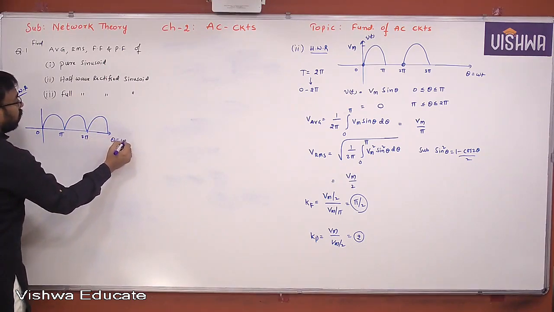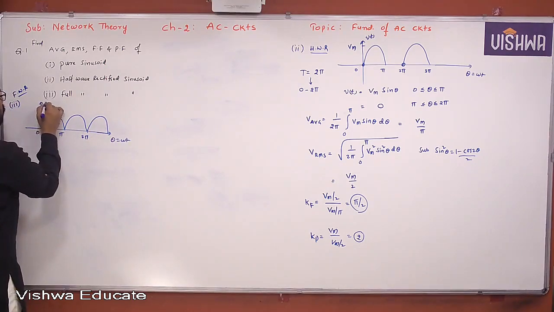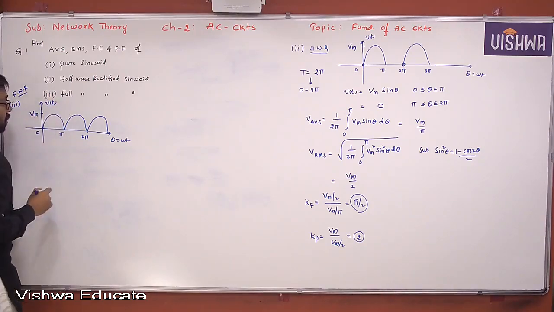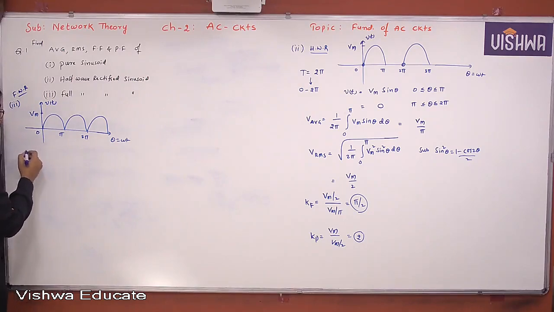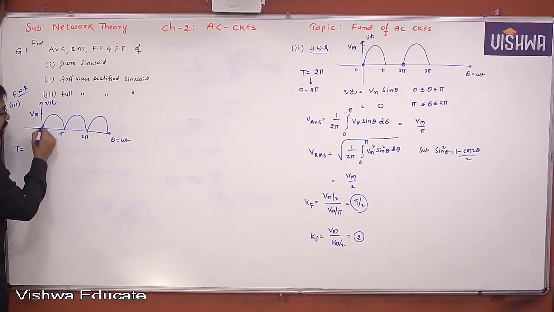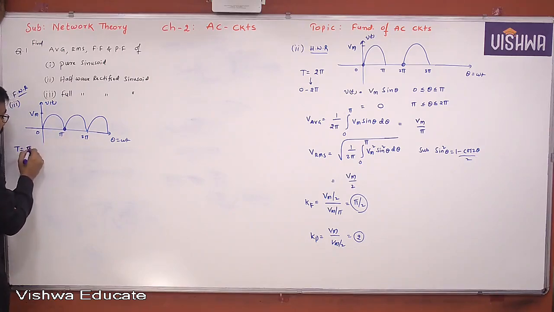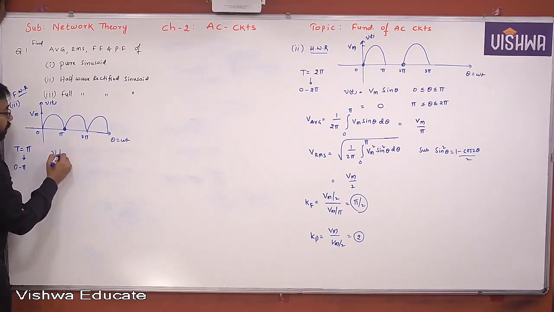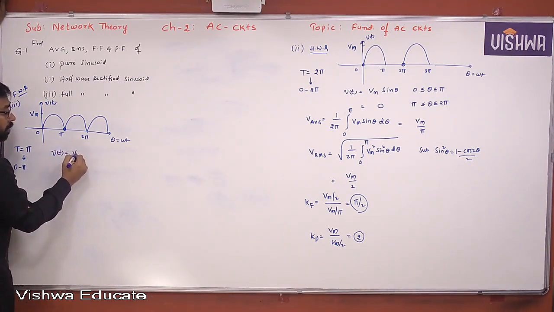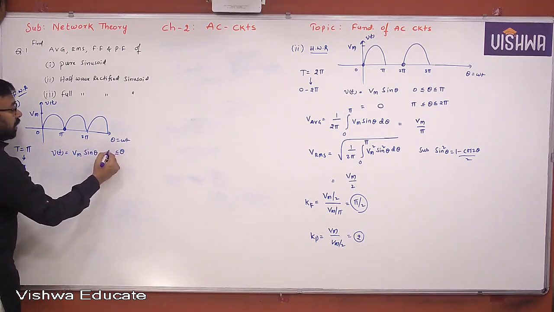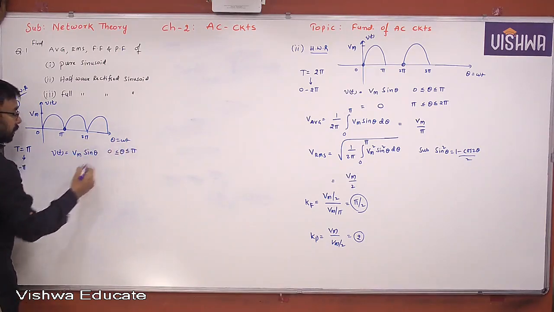So theta is equal to omega t, v of t, this is v max. Again, time period. What is the time period? Where does it start repeating? From here, right? So therefore, 0 to pi, v of t is equal to v max sine theta for theta between 0 to pi.